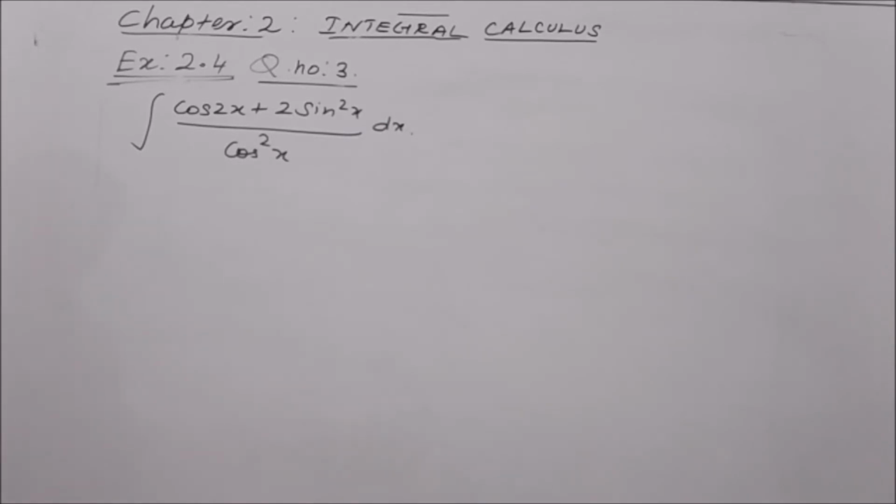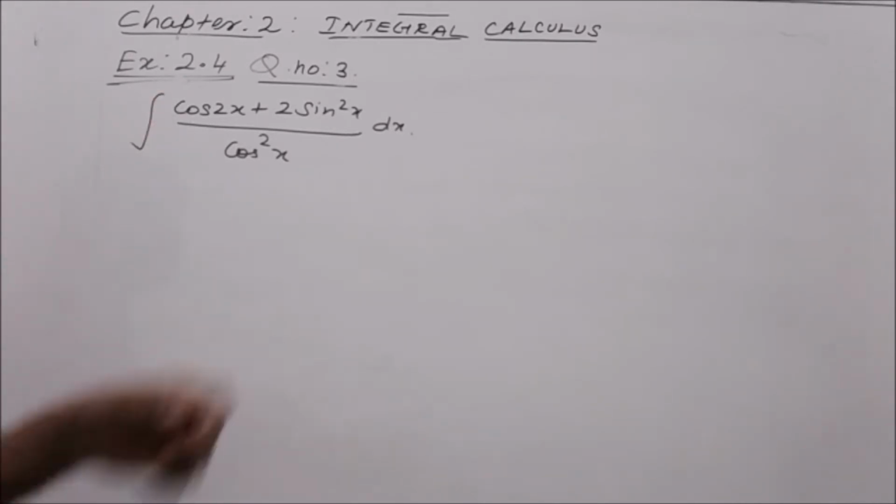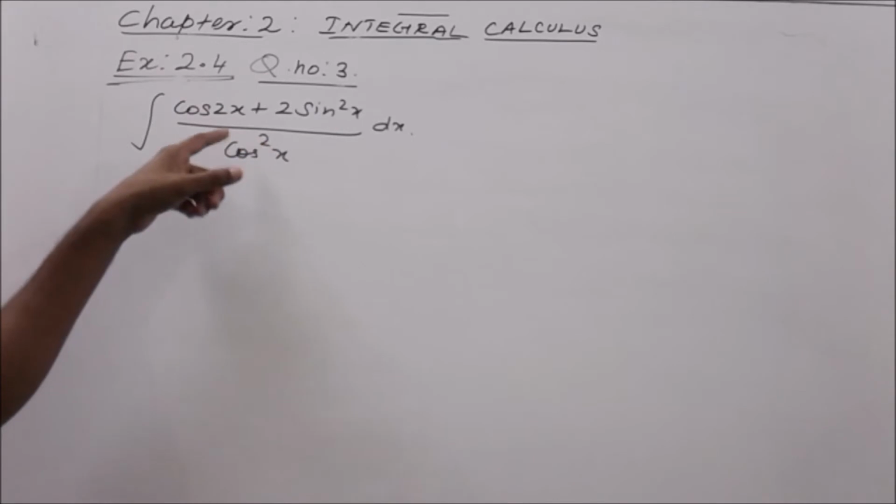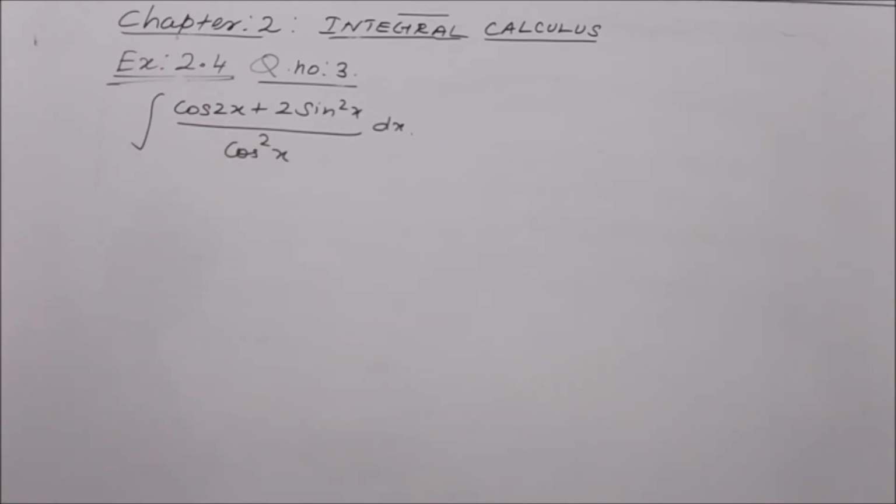First of all, we should simplify these terms because we have squares here and there is no direct formula. Here also we have cos square. For cos square also we don't have a direct formula, and cos 2x we have a formula, but it is an addition, with the division by cos square x, addition with the 2 sin square x and the division by cos square x. It is impossible to go the direct way.